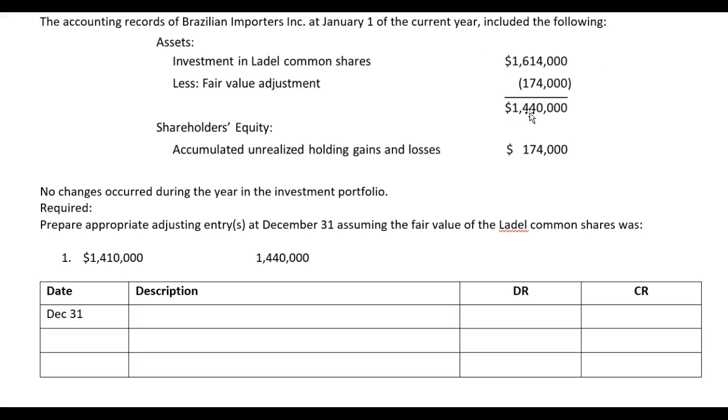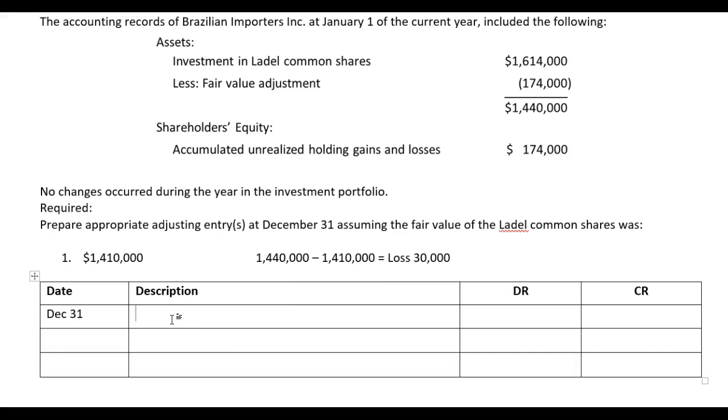But we've already adjusted them down to 1,440,000 last year for losses already taken. So we only need to start there and compare it to the 1,410,000. So this year alone, we've lost an additional 30,000. So we need to bring our value down even further from the 1,440,000 down to the 1,410,000.